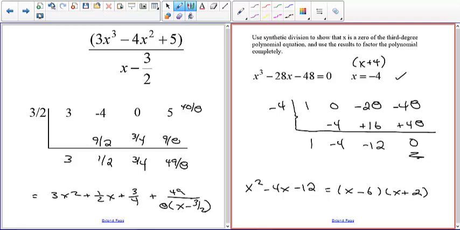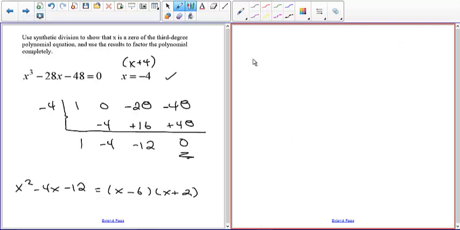Okay, so what that means is that the original function is going to be equal to x plus 4. That's the factor associated with the 0. And then I have the two other factors.